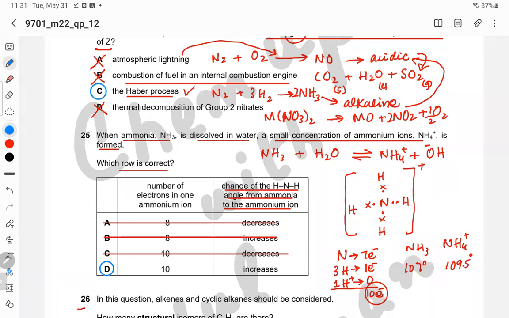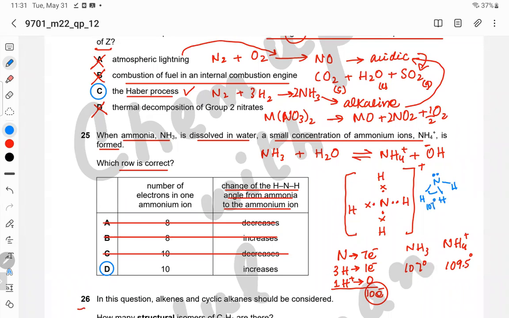Taha, which part were you not able to understand? If you look at ammonia, ammonia has this shape and one lone pair, due to which the bond angle is 107 degrees over here.